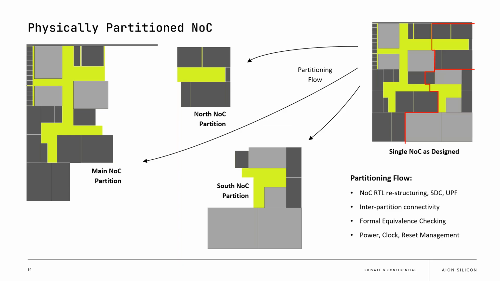In order to prove that the partitioned NoC structures are equivalent to the initial NoC, we need to run some kind of formal equivalence checking, such as Formality, to compare before and after. And finally, you need to make sure that your top level power, clock and reset infrastructure is mapped accordingly to the partitions.